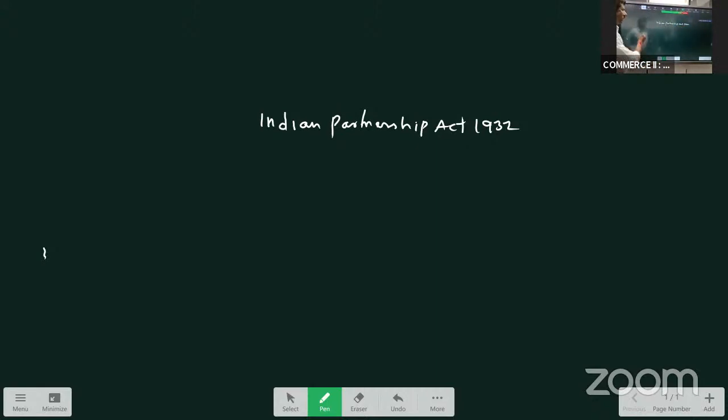As per this Act, the definition of partnership is given in section 4.